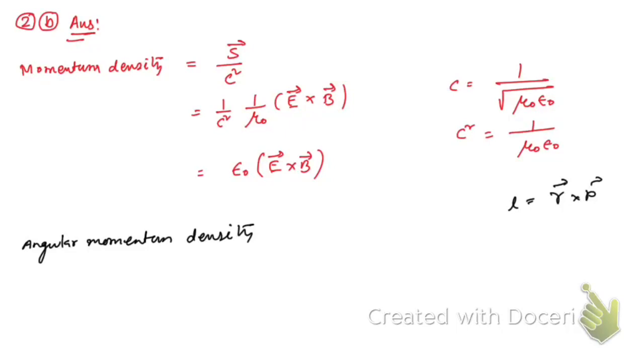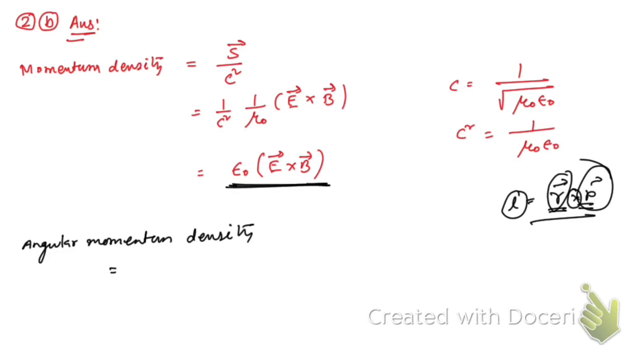Angular momentum is position vector cross linear momentum, right? So when we say angular momentum density, that will be position vector cross linear momentum density, which is this one.